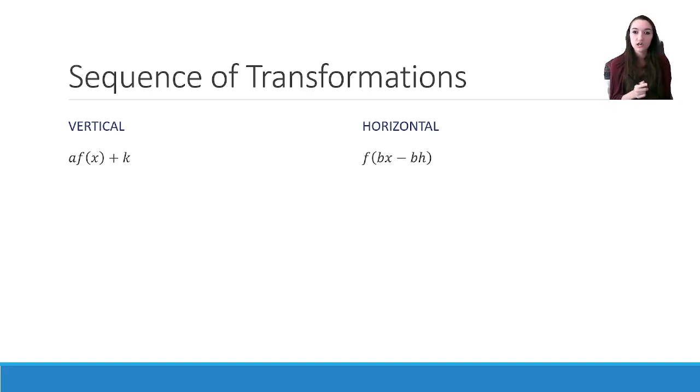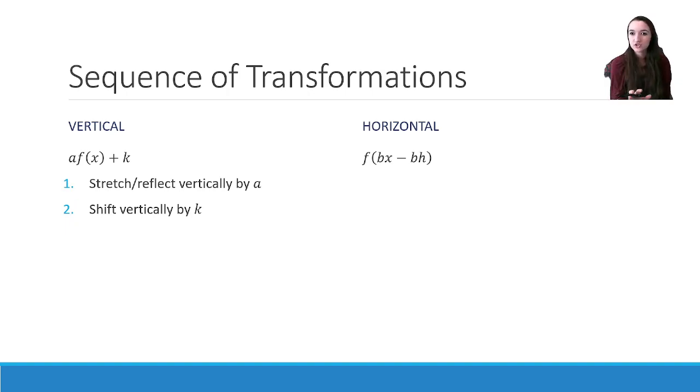So if we're starting with the vertical transformations, a f of x plus k, we do our stretch and reflection, doesn't matter which order, just together, vertically by a, and then we shift vertically by k. So notice the shift comes second, always.